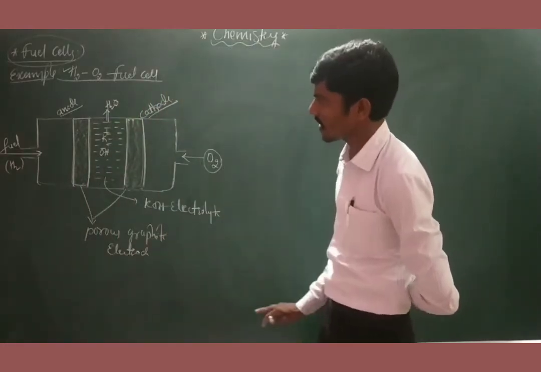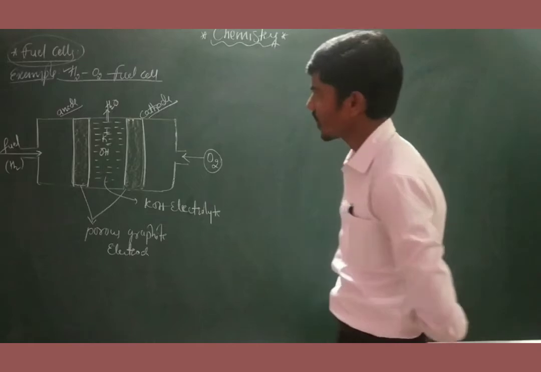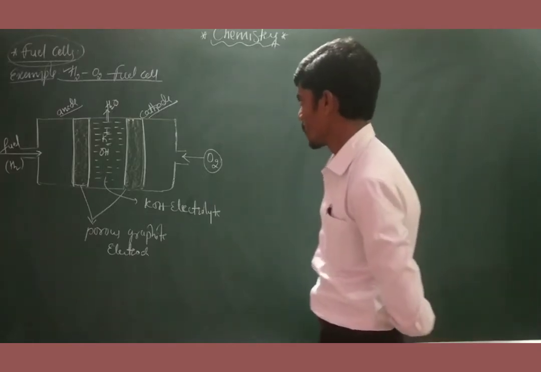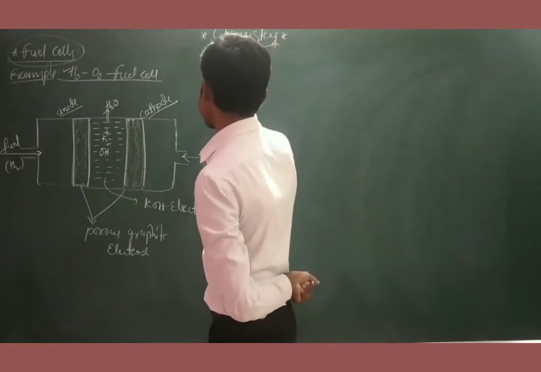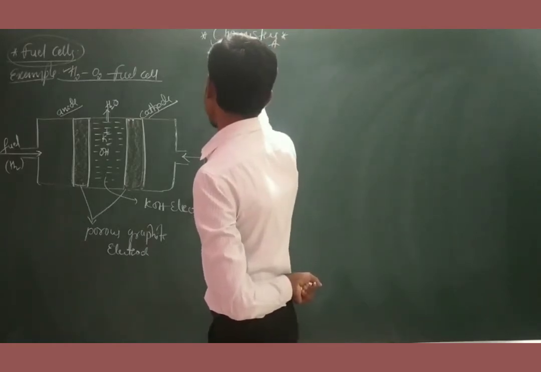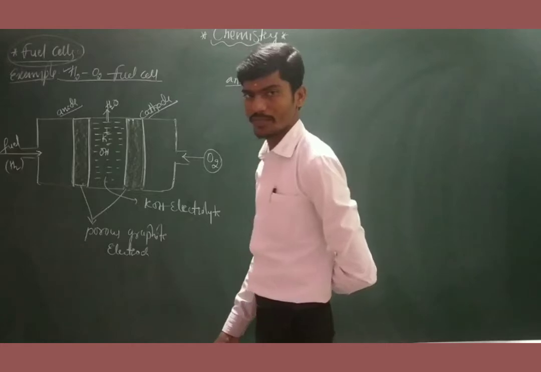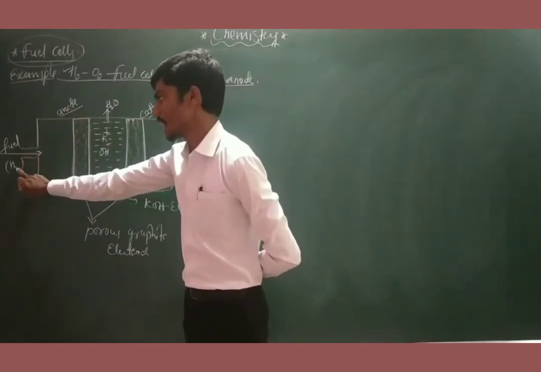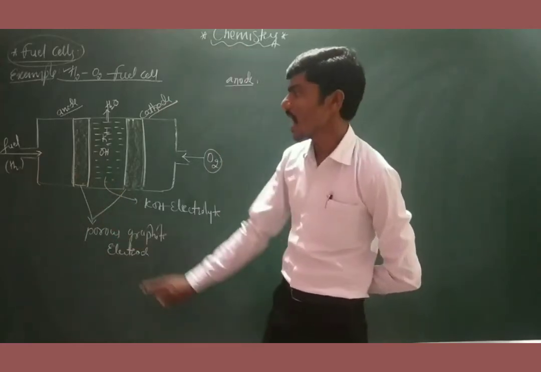Look at this. What are the reactions which take place in the hydrogen oxygen fuel cell? As you know, at the anode oxidation reaction takes place. At the anode compartment, we are passing hydrogen gas continuously, or any fuel.